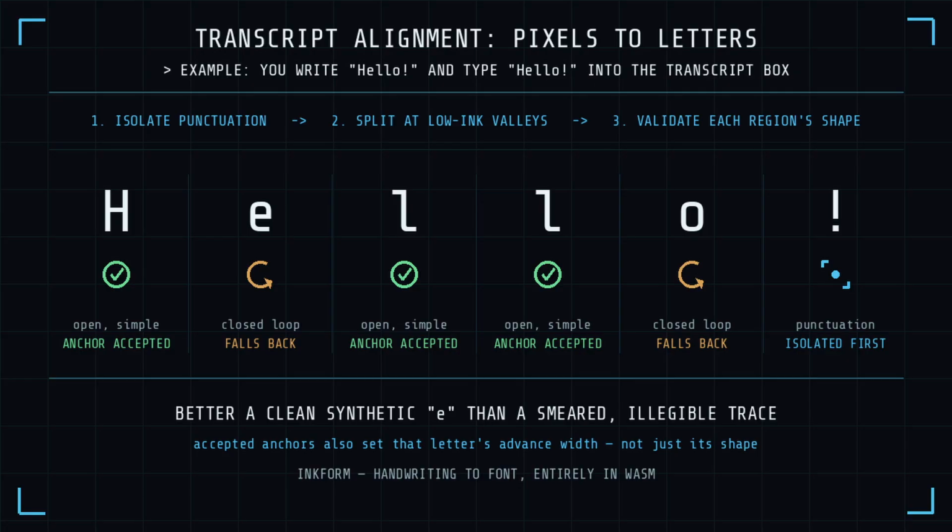Critically, it only accepts an anchor, meaning that these exact pixels are the letter H, after that region passes shape validation. If a letter is closed, like an O or an E with a full loop, or dotted, like I, or crossed like T, or made of multiple strokes, the alignment step deliberately backs off and lets that character fall back into the synthesized grammar instead of trying to force a bad trace.